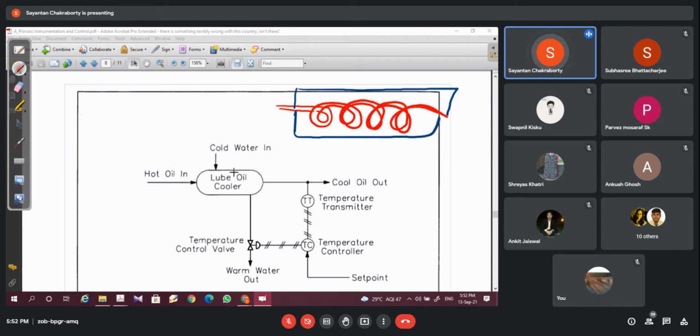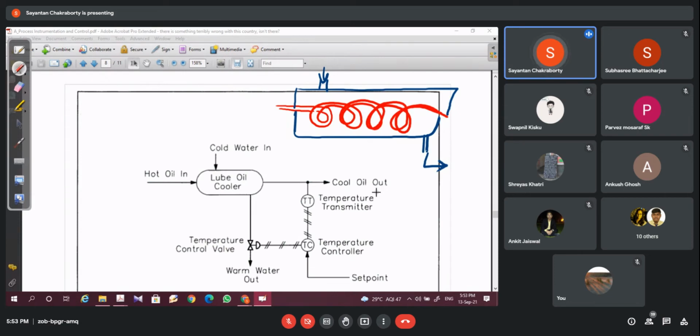Through this chamber, water flows. It comes through here and goes out like this. And oil never leaves this tubular path. So oil flows within this tubular path, and cooling water flows through the entire chamber, taking the heat away from the oil. And at the output, we'll get the cold oil.